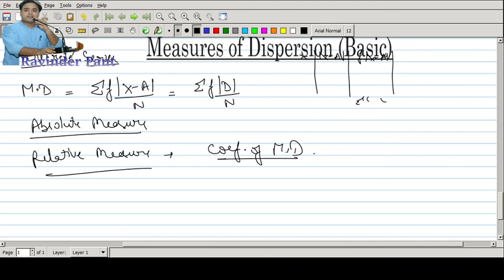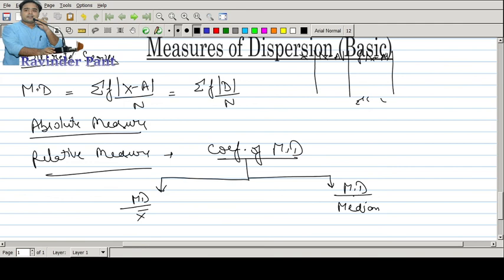So coefficient of mean deviation will be mean deviation divided by mean, if you have calculated it from the mean, and mean deviation divided by median if you have calculated it through median.